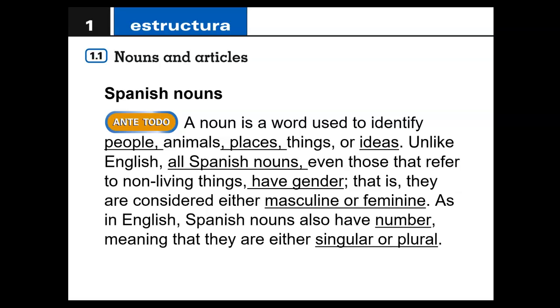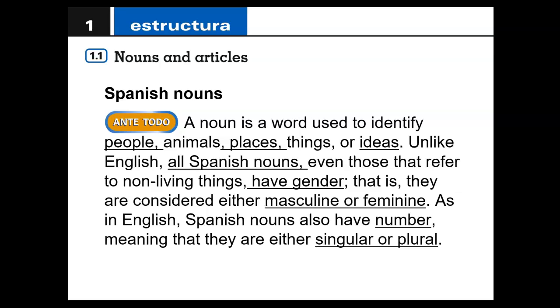It's feminine because it says la, and we'll learn about articles a little bit later. If you had el lápiz, that's the pencil, so that's masculine because you have el in front of it. In the video you'll also see different ways that you can determine why it's feminine or masculine.